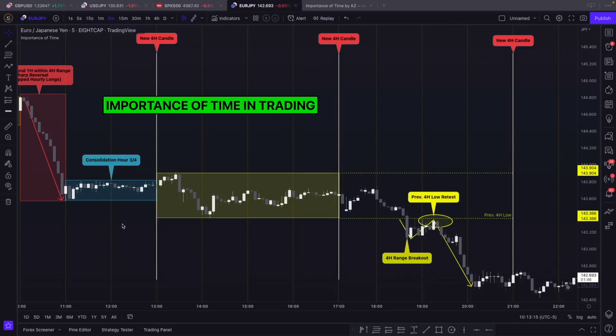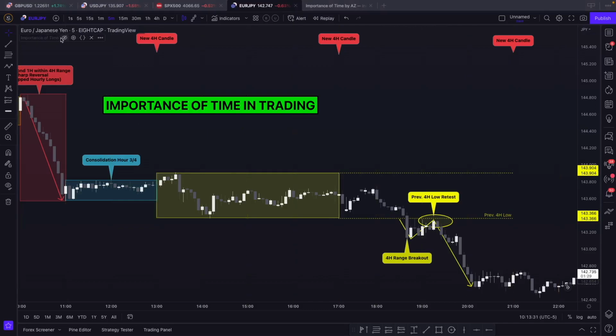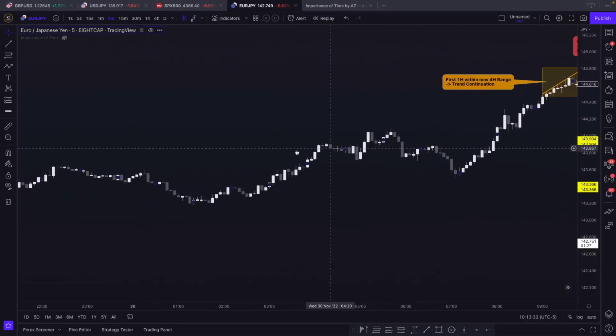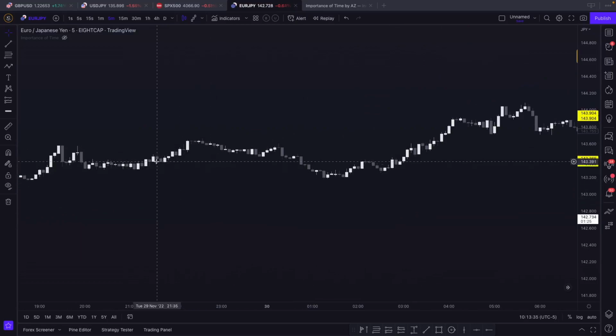This is just a little helping tool for you to visualize that at 1 p.m. New York local time, a new 4-hour candle is opening up. And at 5 p.m. New York local time, a new 4-hour candle is opening up, because I know from my own experience, if you look at a chart like this and you're right within a trade, or doing your analysis, you barely check your price up here.